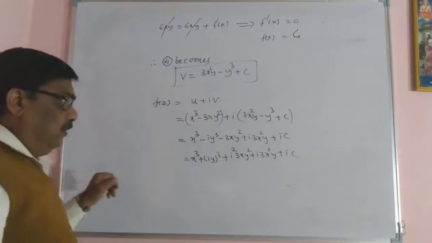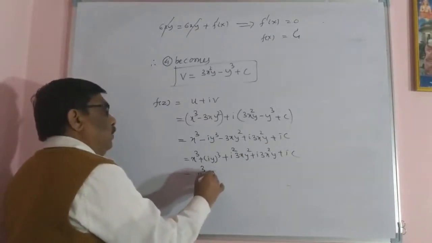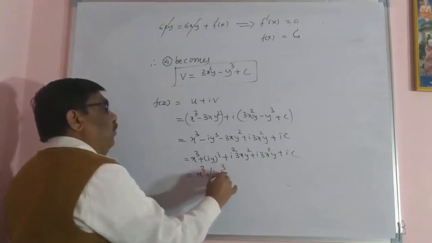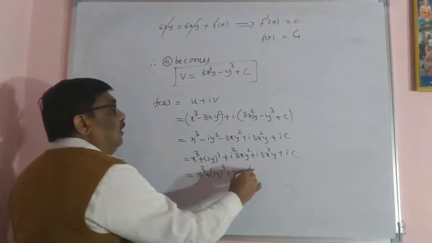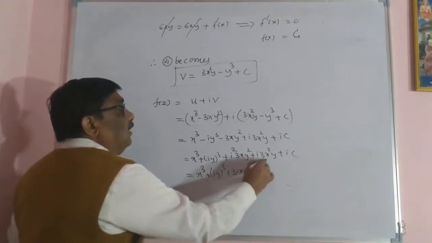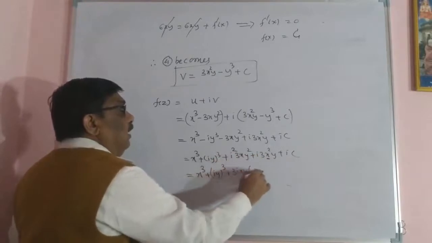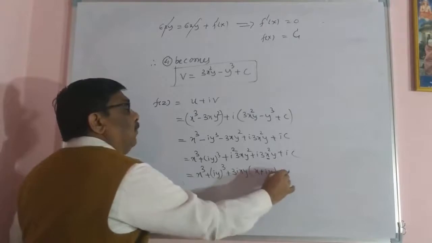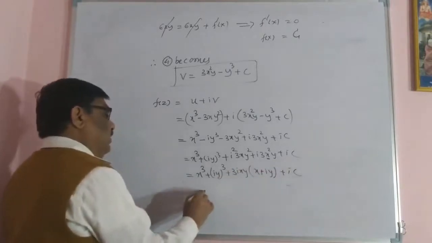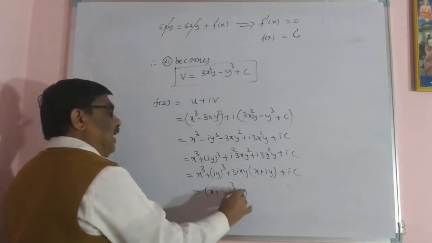If I simplify this, x³ plus i³y³ plus 3ixy. If I take 3xi common, x remaining, plus i² with one i taken, y remaining, plus ic. This is nothing but (x plus iy) whole cube plus ic.